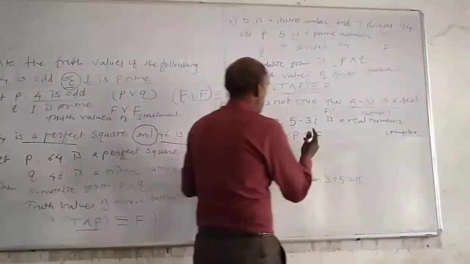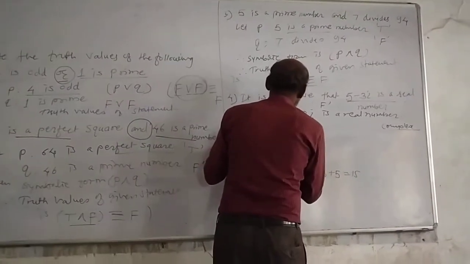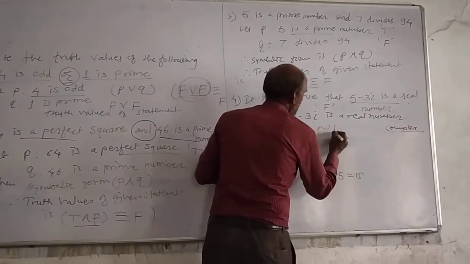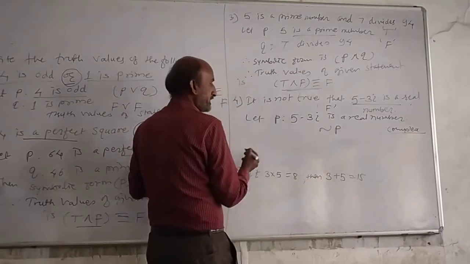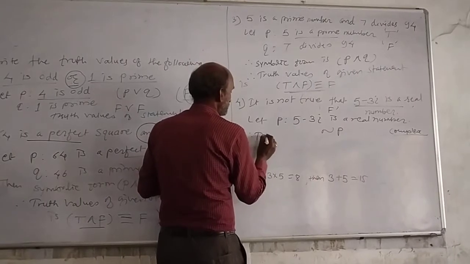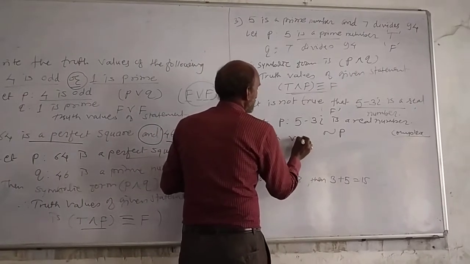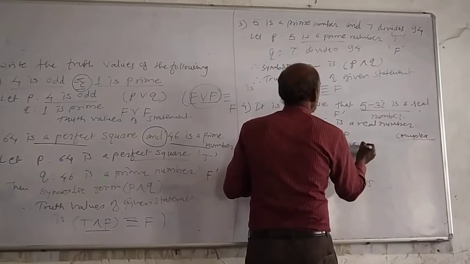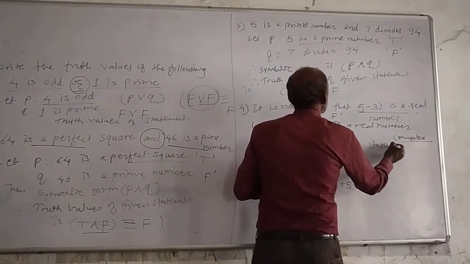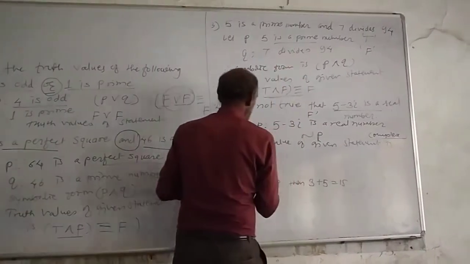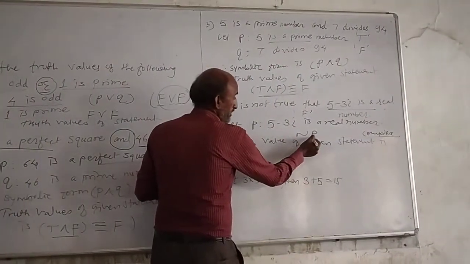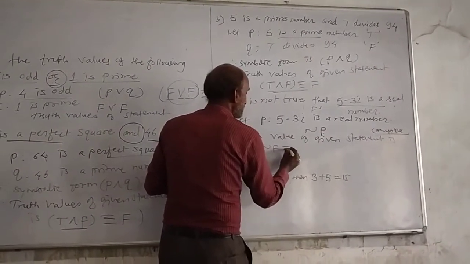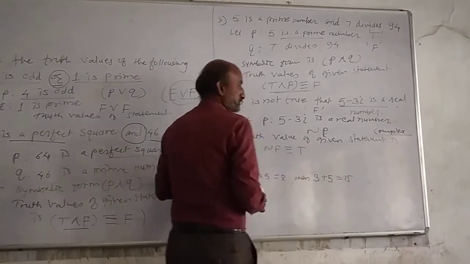Truth values of the given statement. See here, the symbolic form of this is negation of P, because the statement is false. Therefore, the truth value of the given statement: here the statement is false, means negation of P is equivalent to true.